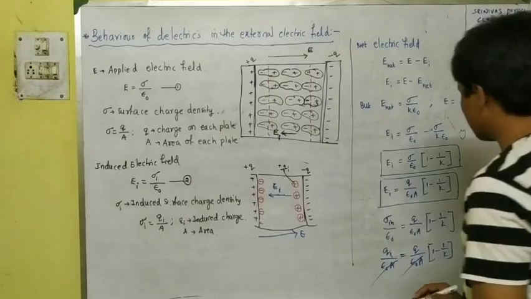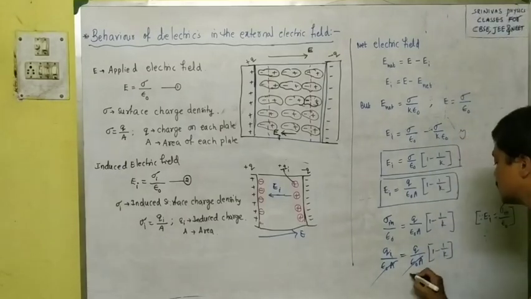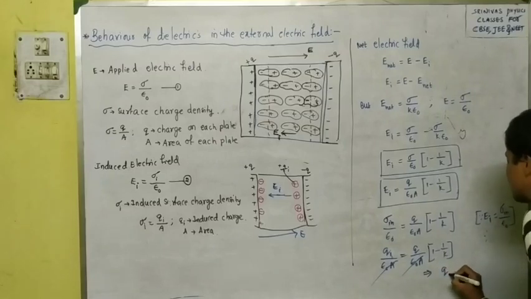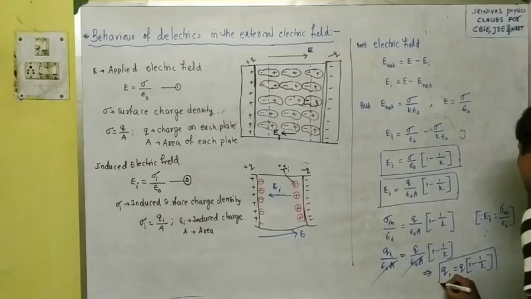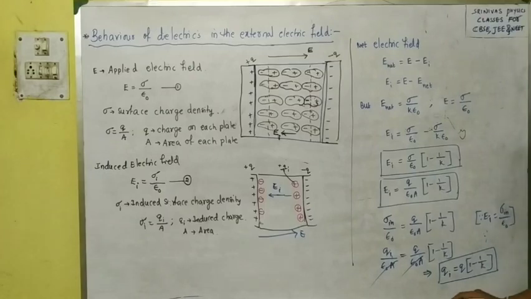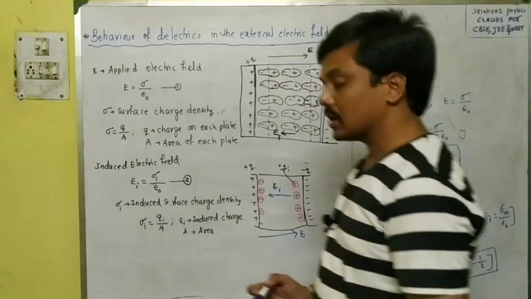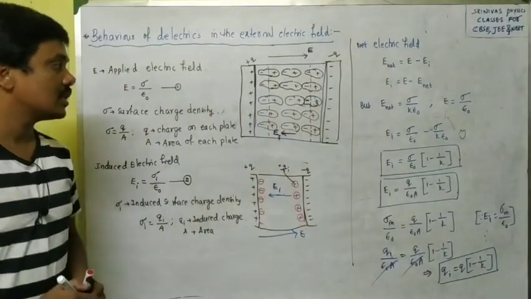Now the induced charge formula we will get is q suffix I, the induced charge, is equal to q into 1 minus 1 by k. This is the formula for induced charge. Okay, how much charge induces in the dielectric, that we can find out by using that formula.